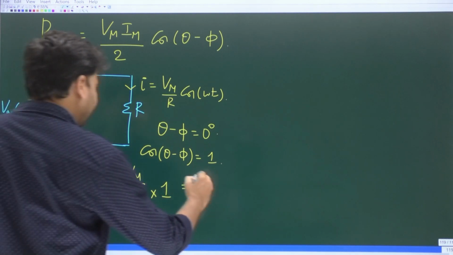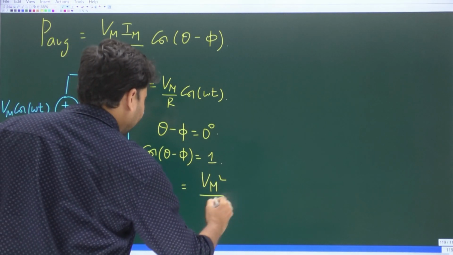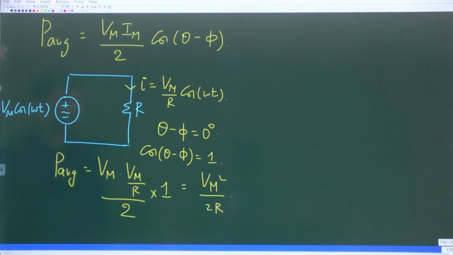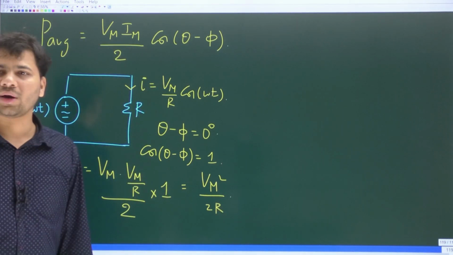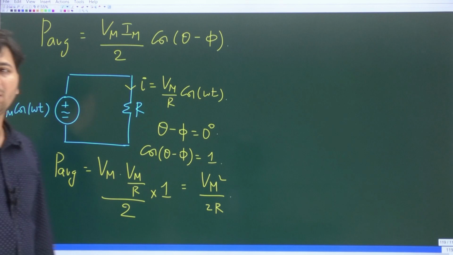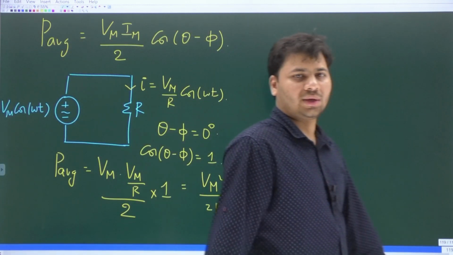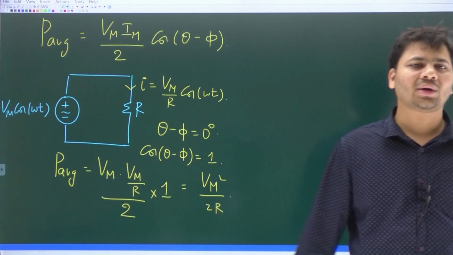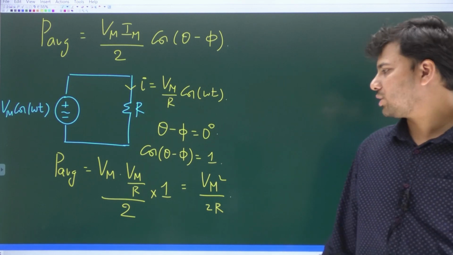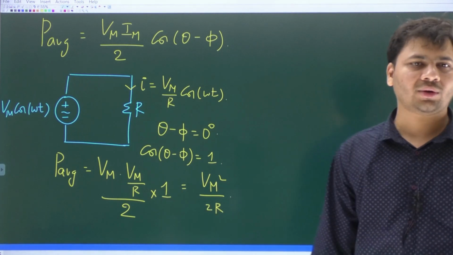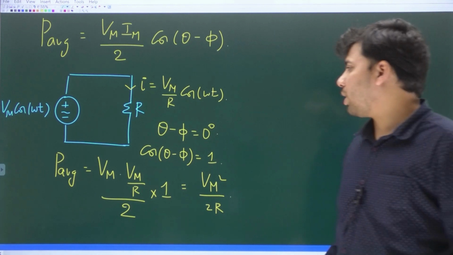So it is Vm squared by 2R. Something you already know. So if you apply a sinusoidal voltage across a resistor, the average power dissipated by the resistor is Vm squared divided by 2R.